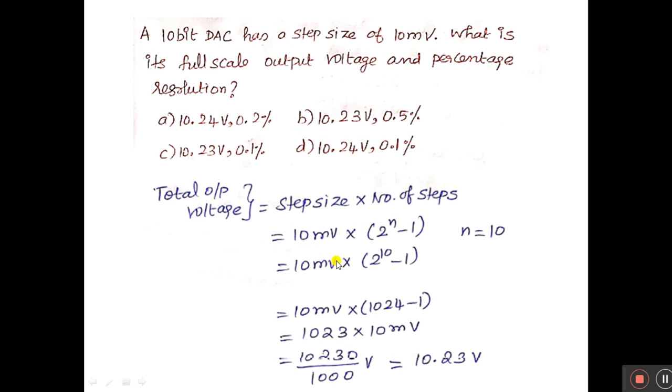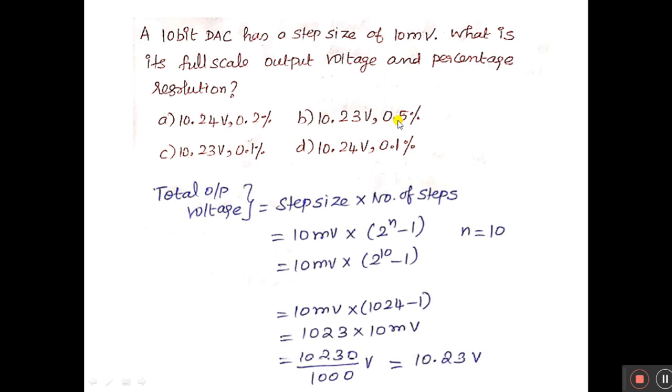So 10 millivolt multiplied by 2 power 10 minus 1. 2 power 10 is 1024, minus 1 becomes 1023, into 10 millivolt. The answer is to be given in volts, so I divide by 1000 and get 10.23 volt. So options C and B are valid, and options A and D are not.